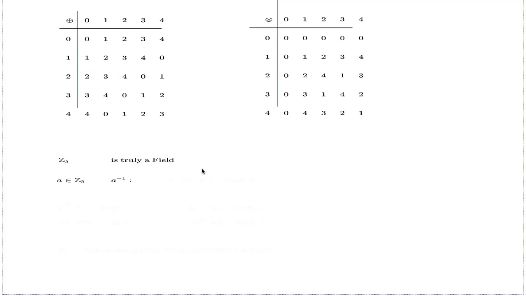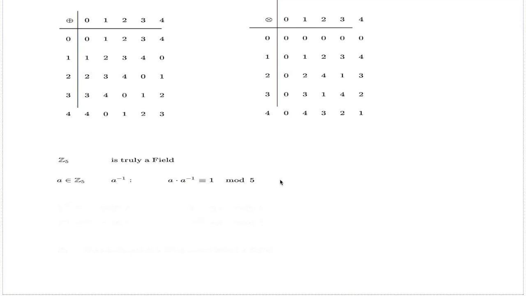Remember, the inverse was something which, if I multiply my A with this something, the result will be 1. But 1 in the way we understand multiplication in my Z5 field.